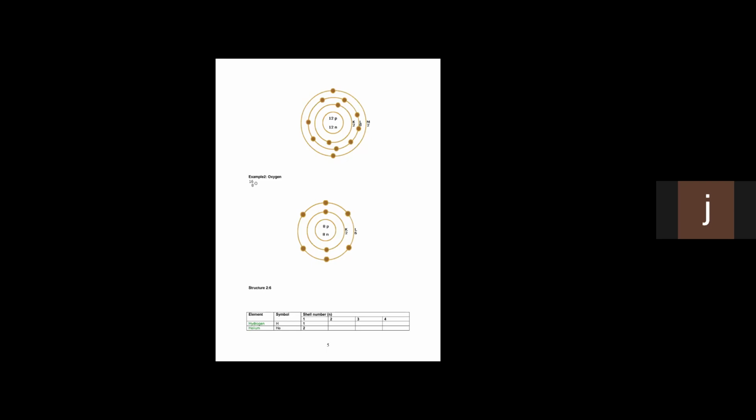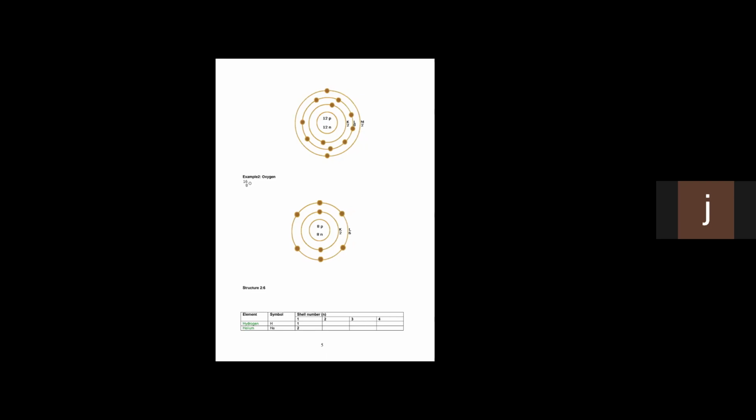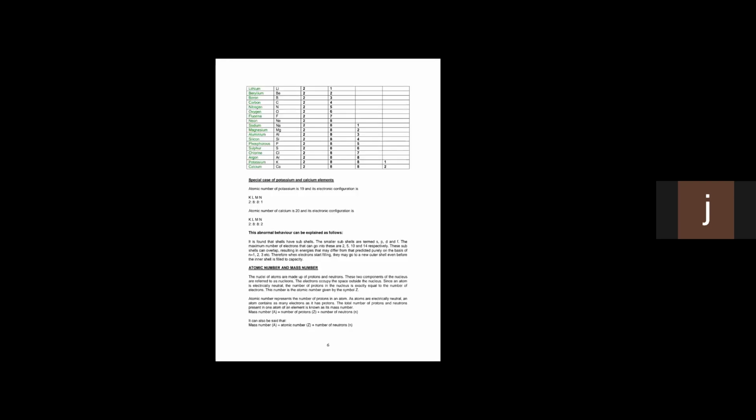So those are the first 20 elements, their chemical symbols, and their atomic numbers.